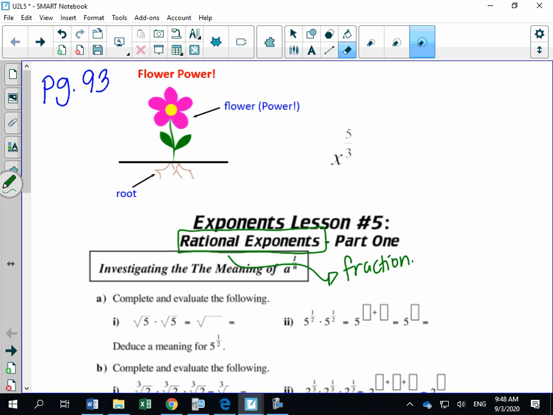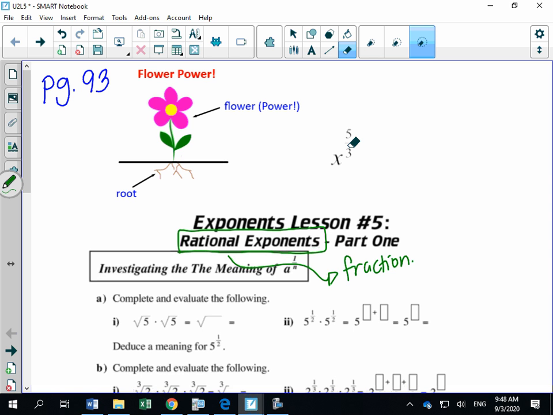And if I give you a variable with a fraction, we are going to do the same thing in the sense that just like I don't want you to write your final answer with a negative, you will never actually write your final answer with a fraction. And I'll show you how to get rid of that fraction.